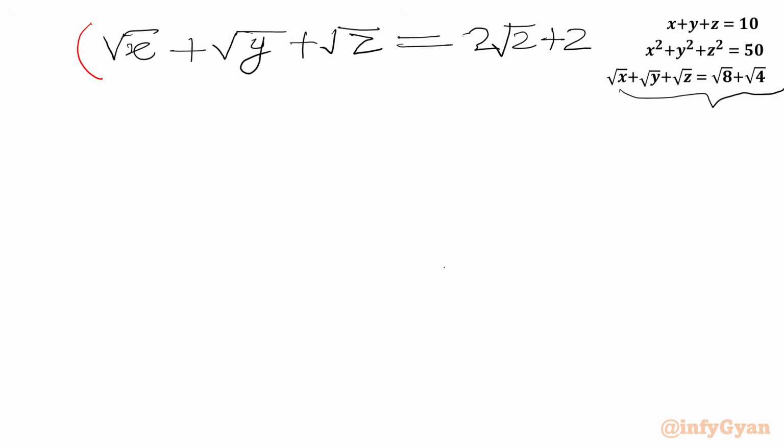So let us put power 2 over here and power 2 over here. Again we have to use the (a plus b plus c) whole square formula.